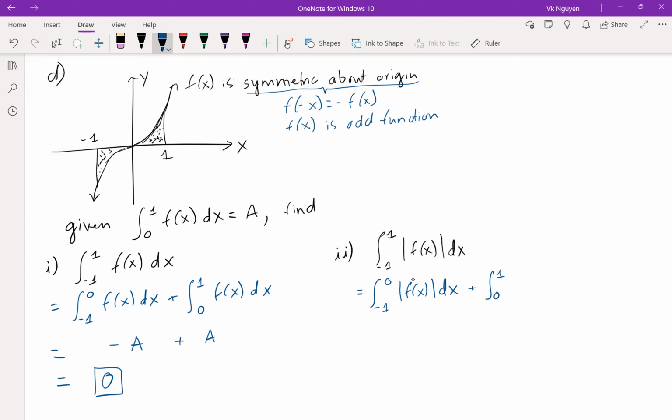Well, for the integral from 0 to 1, the function is above the x-axis, so we don't need the absolute value. f(x) dx. We know the area below the x-axis is negative a. However, with the absolute value, we're going to get a, and this is a. So together, 2a.